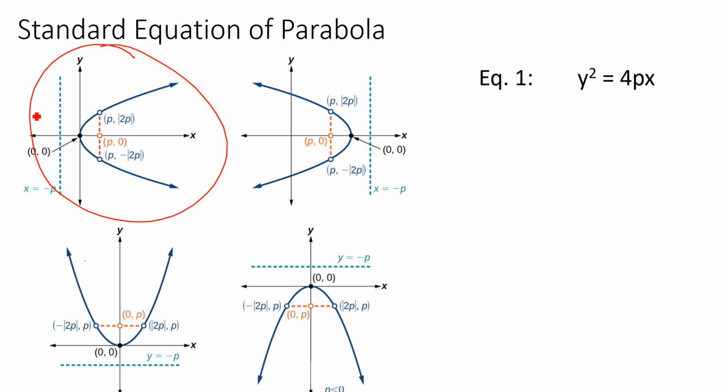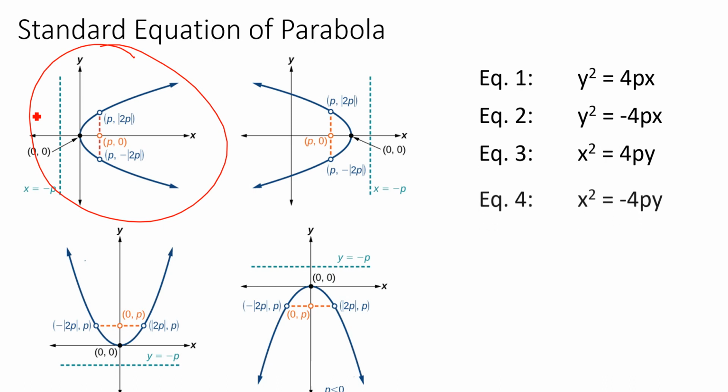If it opens to the left, then y squared equals negative 4px. If it opens upward, as we got in the previous slide, x squared equals 4py, and if it opens downward, x squared equals negative 4py.